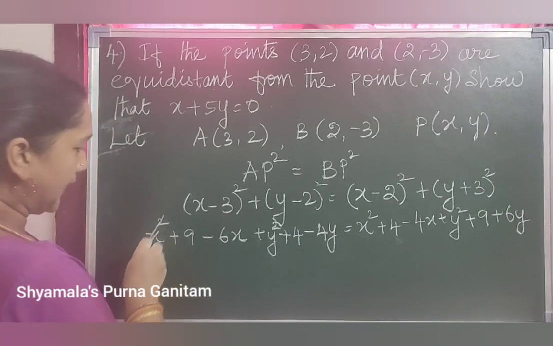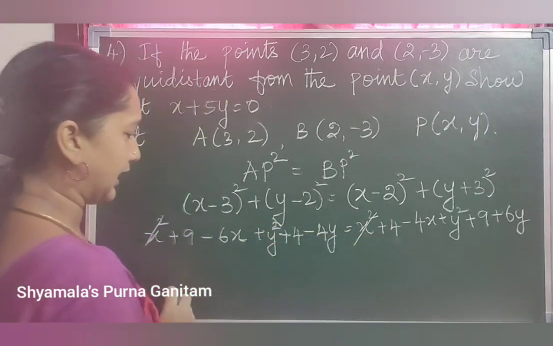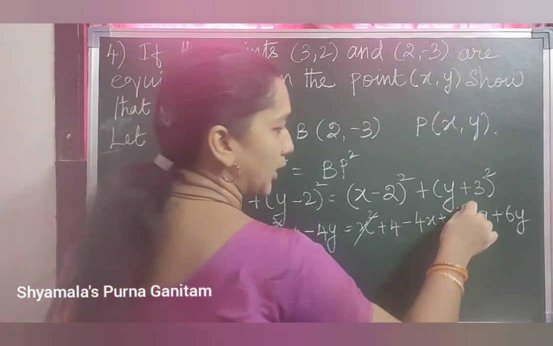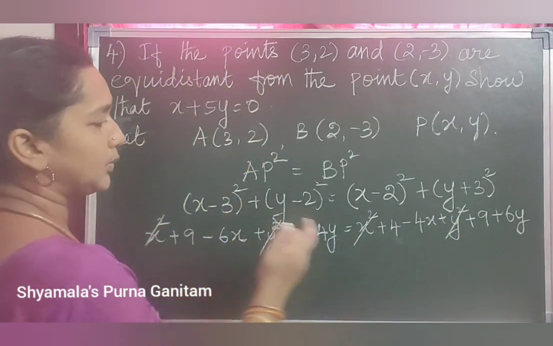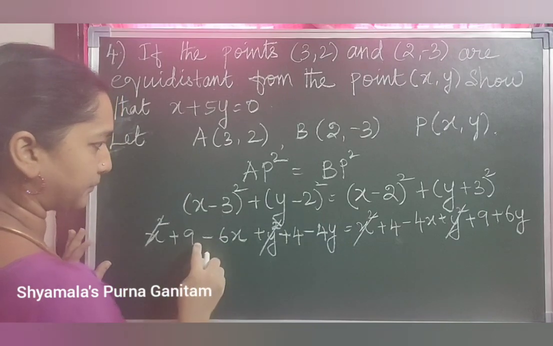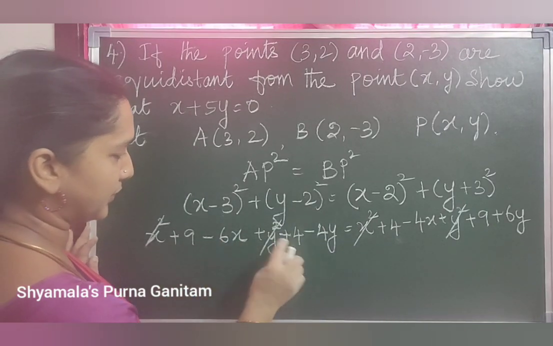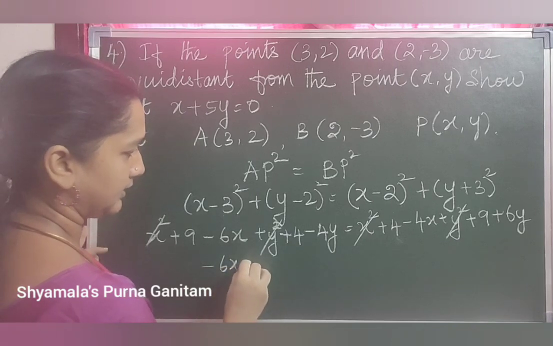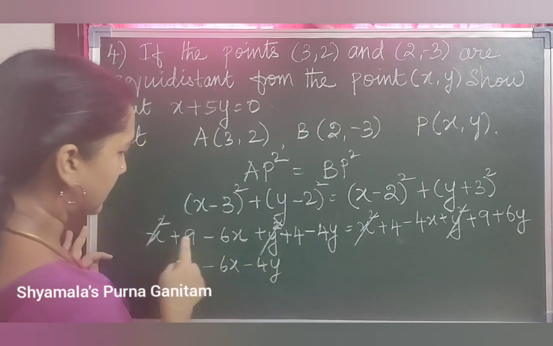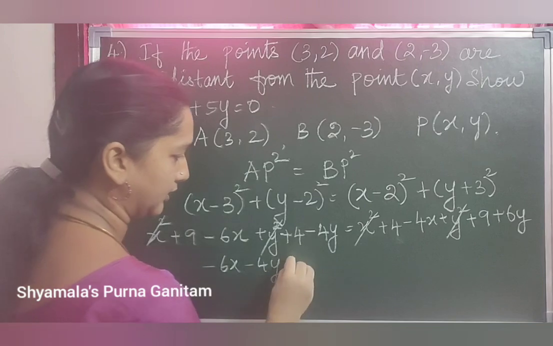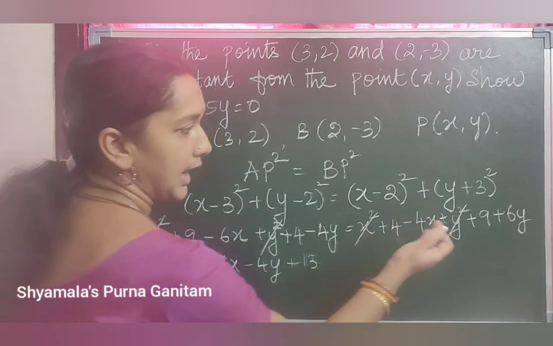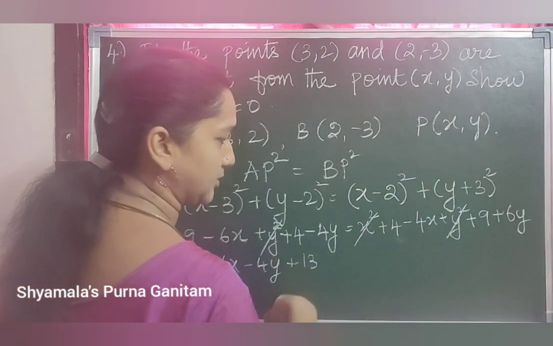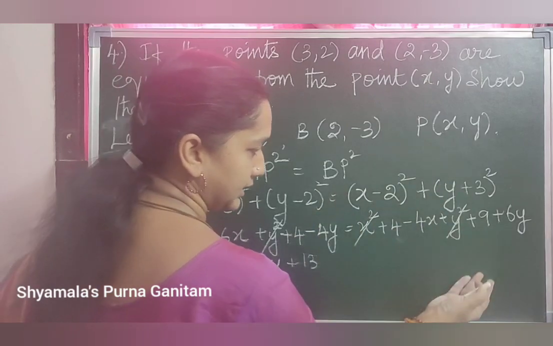So here x squared and x squared get cancelled, y squared and y squared get cancelled. So we will bring all the terms together. Okay, so here when I am simplifying this, minus 6x minus 4y is there and plus 9 plus 14. So this will be 13, and this side I am bringing all the terms from RHS to LHS.